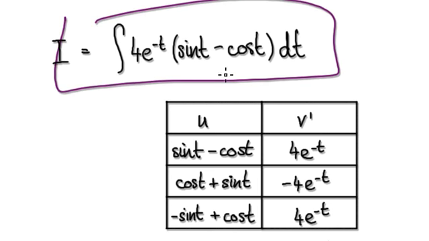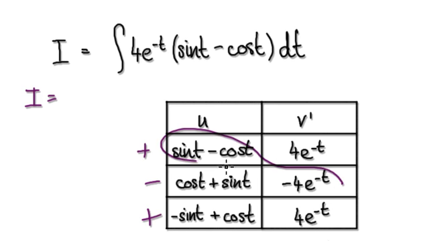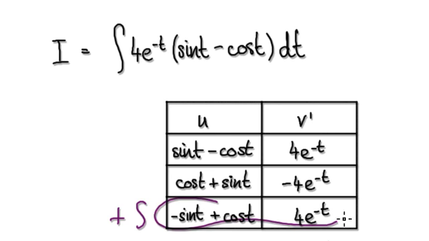So from here, jump to this table here. That will then give you this. And then remember, this will be plus, minus, plus. So the integral will be positive this, and then negative this, and then positive, the last part will be the integral of this thing here, dt.